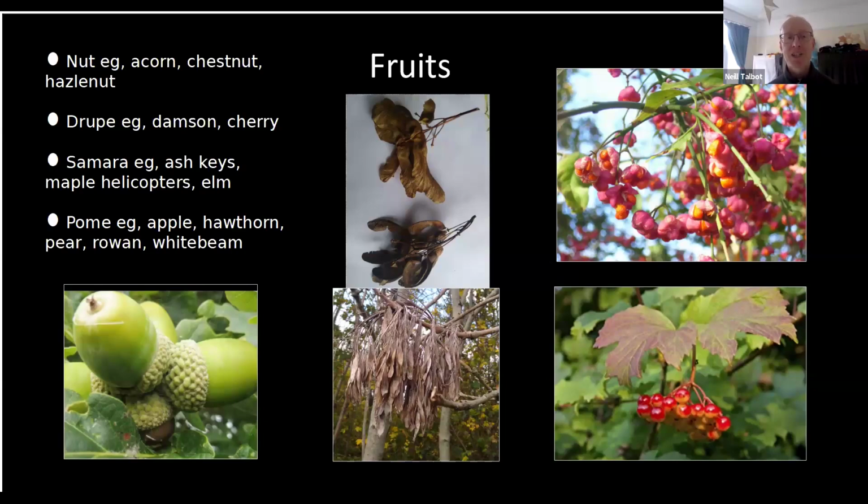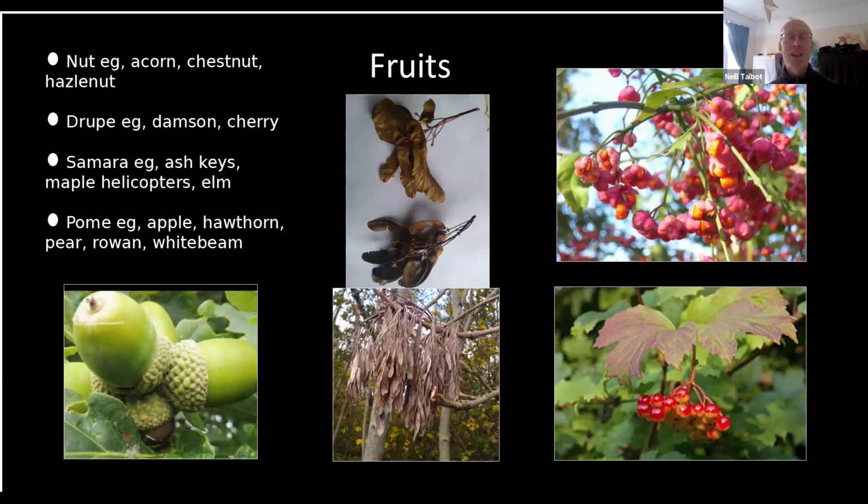In some cases, you'll find the withered stems of the fruits or nuts or helicopters and things like ash keys and so on, still on the tree when the actual fruits have blown down, and that can help you ID.